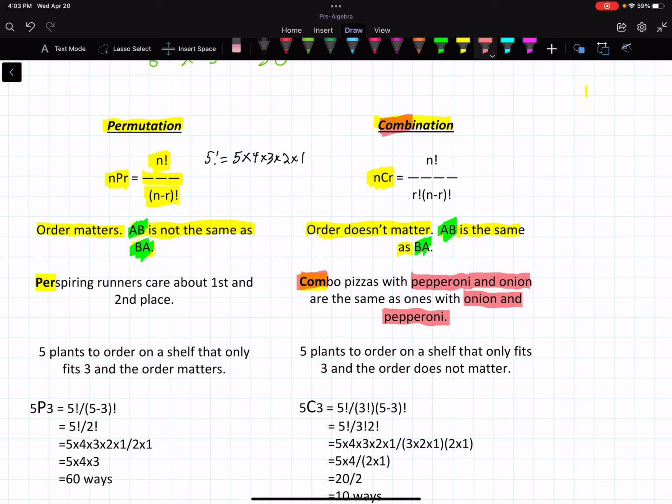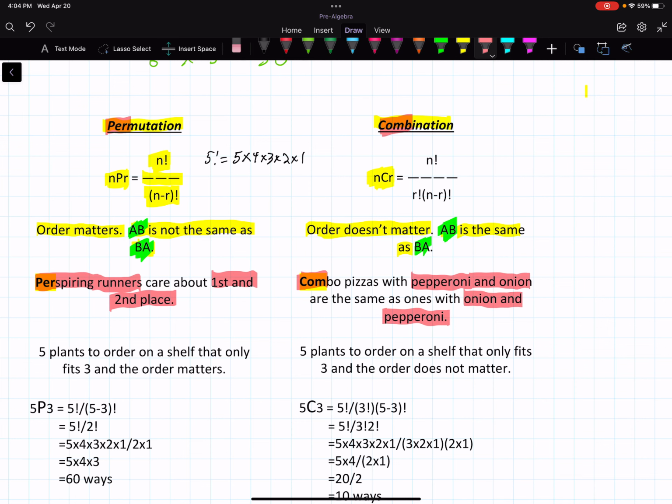Okay? If I'm over here in the permutation, I remember that perspiring runners care about first and second. So if they care about first and second, we know that if Mary comes in first and John comes in second, that's a totally different scenario than if John comes in first and Mary comes in second.